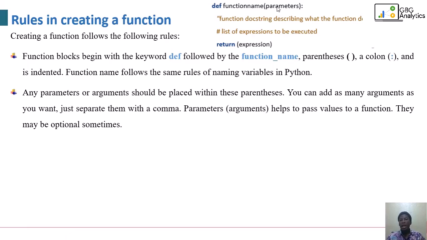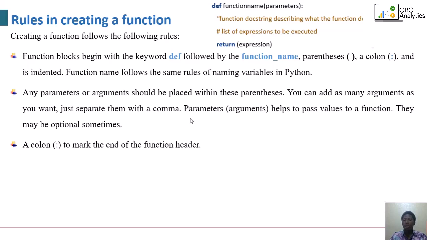A Python function can contain a parameter and can contain more than one parameter. And if your function has more than one parameter, then you need to separate each parameter or argument with a comma. So you will see the practical experience of it when we get to the lab session.